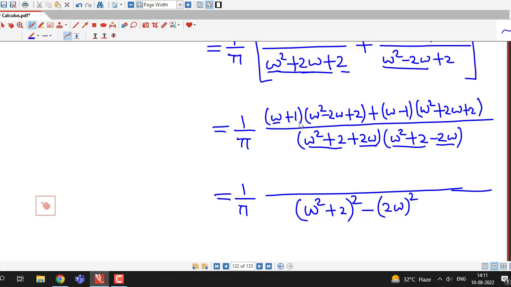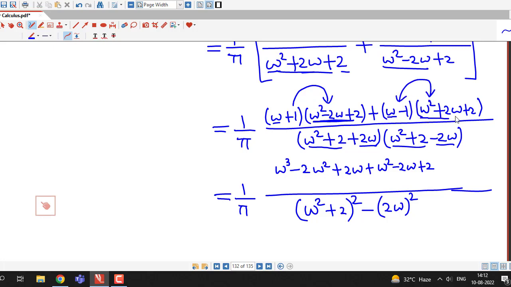First I multiply this by omega: (omega squared minus 2 omega plus 2) times omega gives omega cubed minus 2 omega squared plus 2 omega, plus I have to multiply this by 1, that is I rewrite it as omega squared minus 2 omega plus 2. This is the product of these two. Similarly, I have to multiply these two.